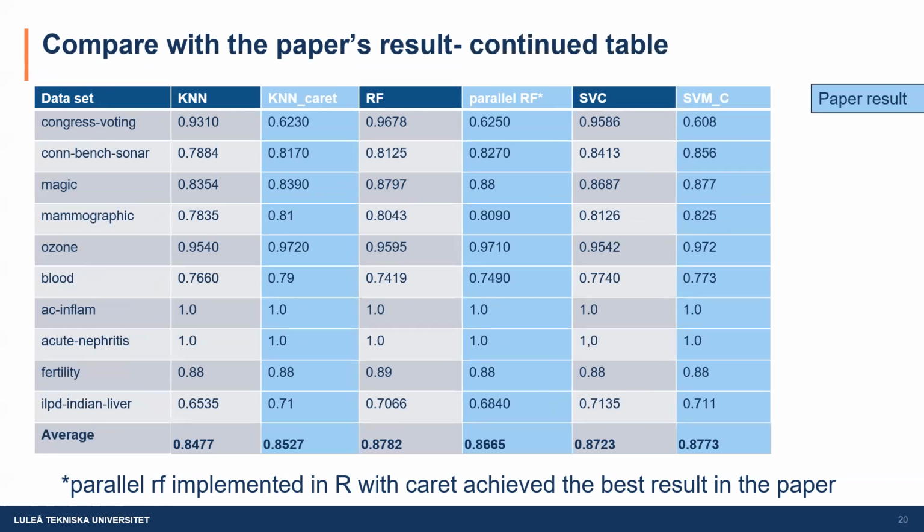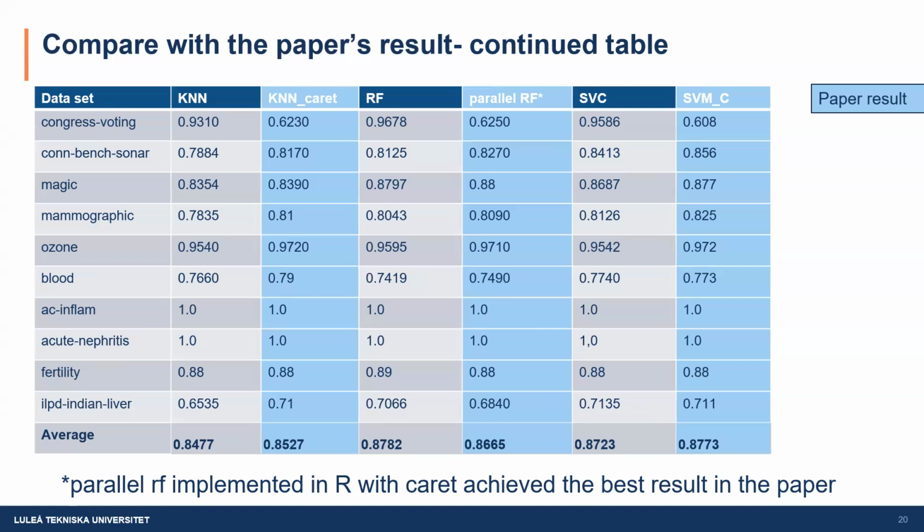And we also see the average value for the KNN method, with our result for KNN and the paper result for KNN caret at 85%, and the random forest at 87.8%, and the parallel random forest in the paper at 86%, and the support vector machine of our result is 87%, while the support vector machine in the paper is also 87%.